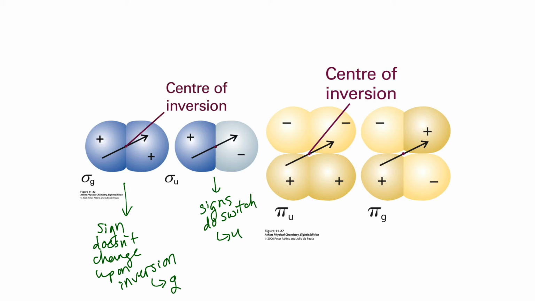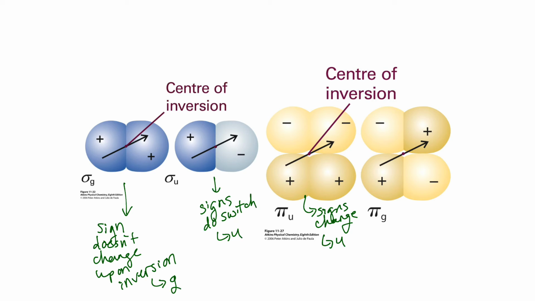So in this case, the signs change, so we get the U. Then looking at this situation over here, if we flip this picture inside out about the center of our molecule, then we get these two exchanging, and those signs are not changing for us.